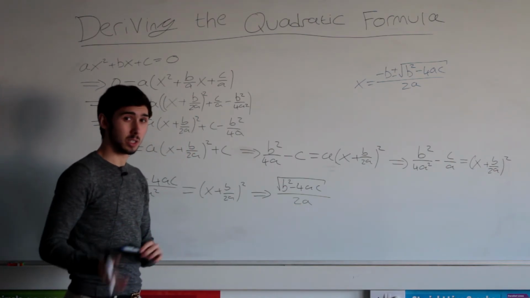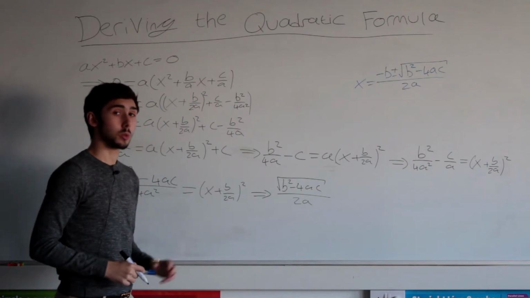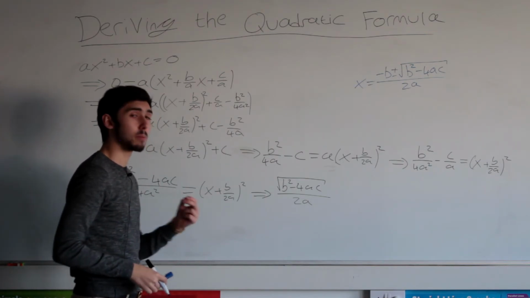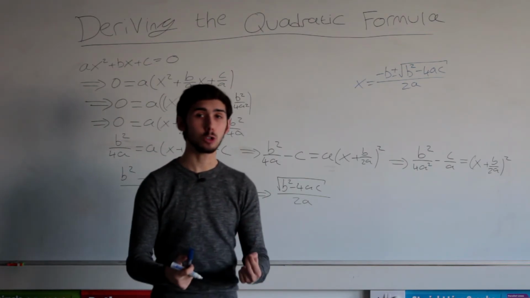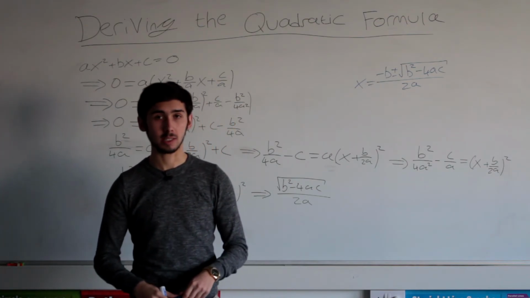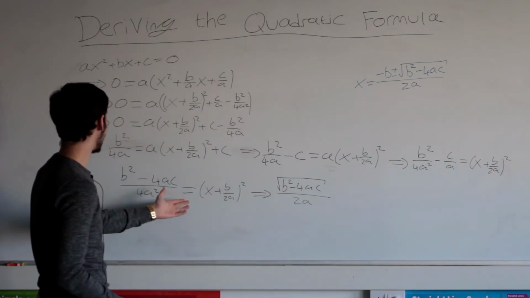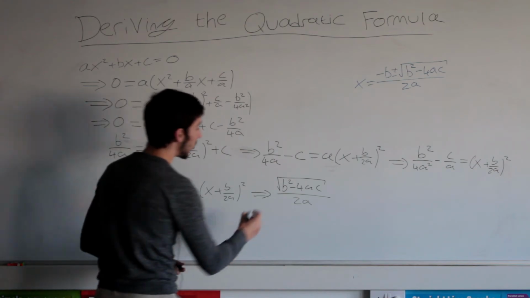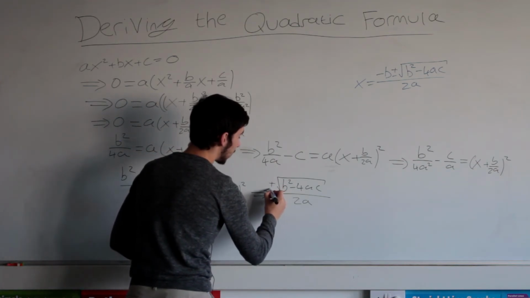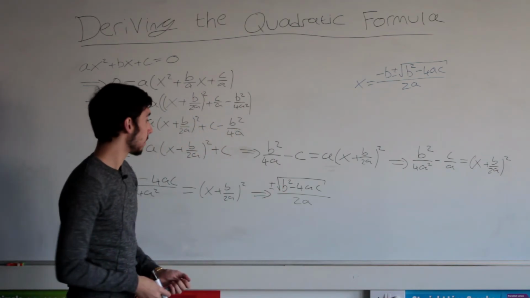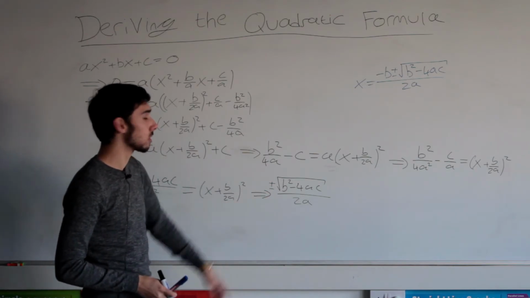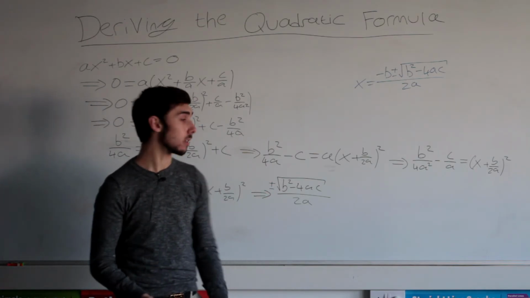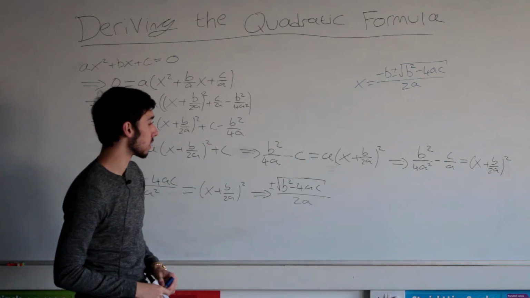Now, here's something that's a little bit crazy. When you take the square root of something, remember the positive and negative version of that can multiply by itself to make what we had over here. So we need to introduce a plus or minus. This notation literally means it's either plus or minus the square root of b squared minus 4ac.